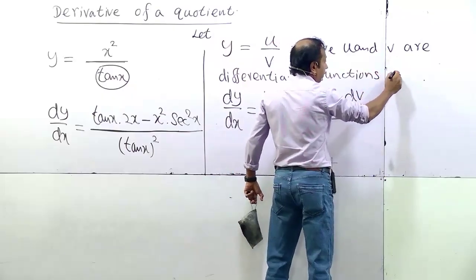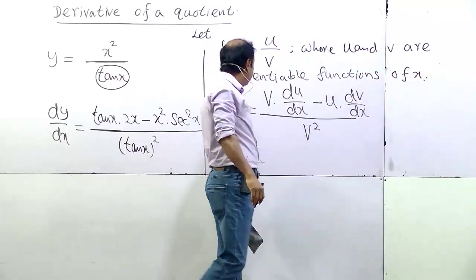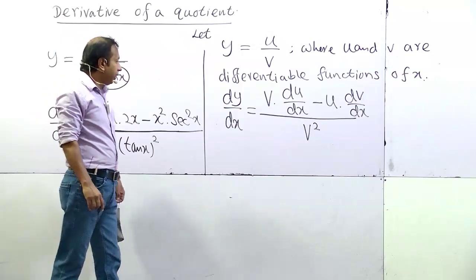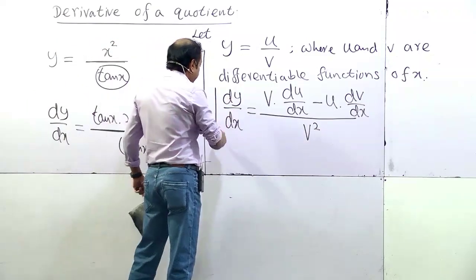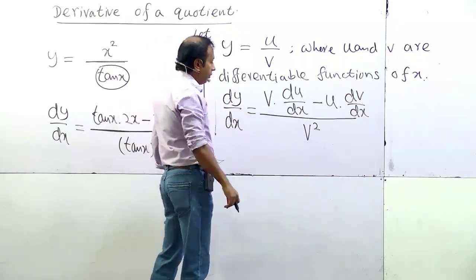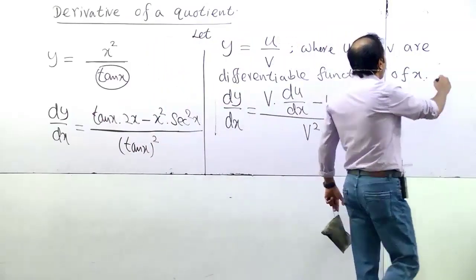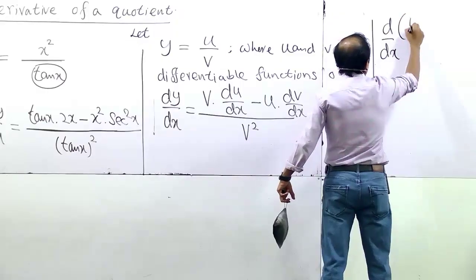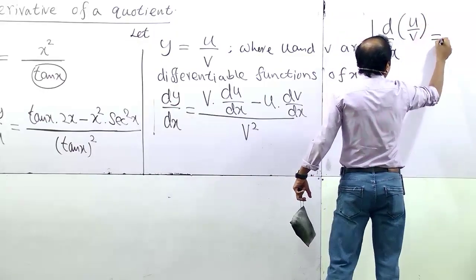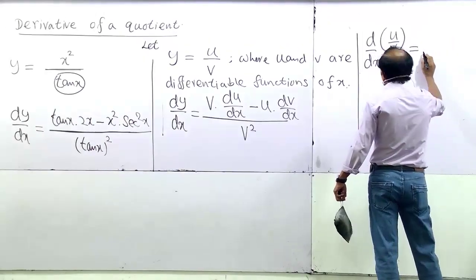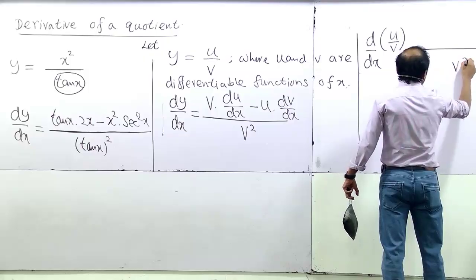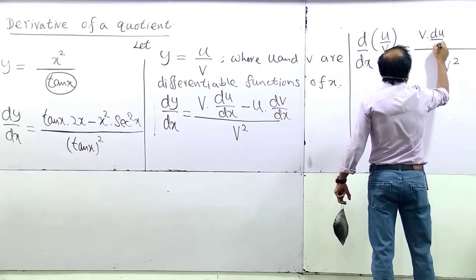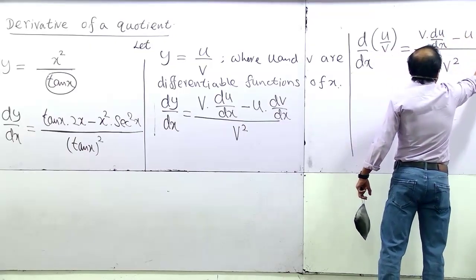Then dy over dx is d over dx of u upon v, and we get v squared in the denominator, and in the numerator v times du by dx minus u times dv by dx.